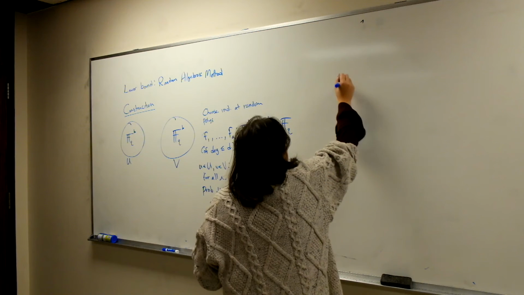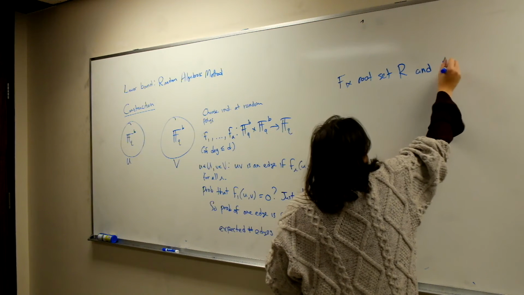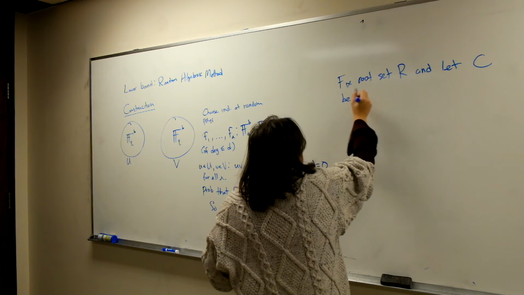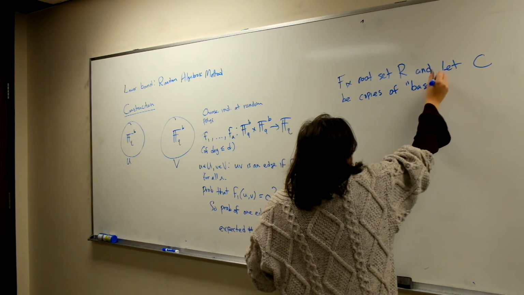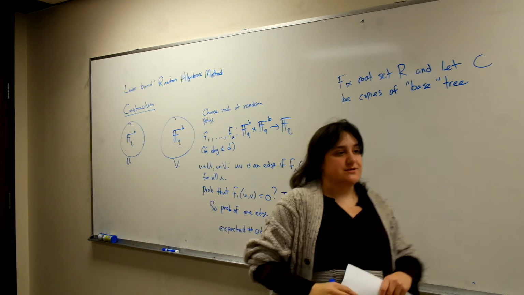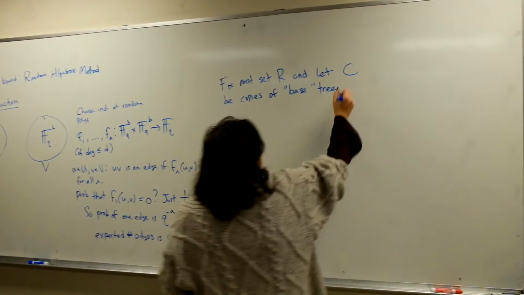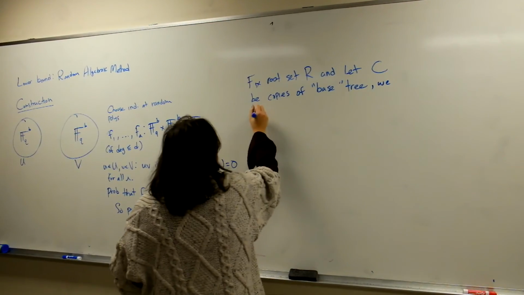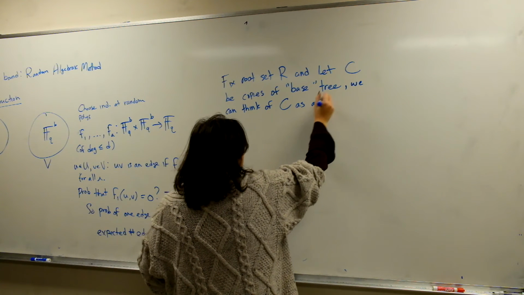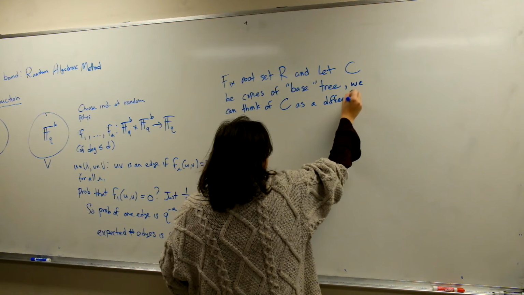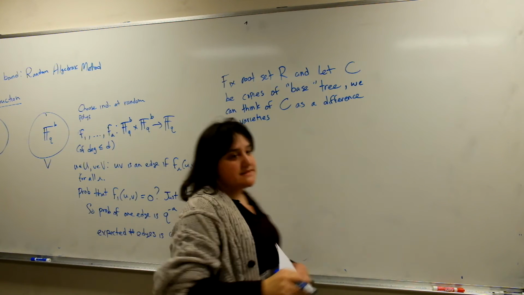So if I fix a root set R and let C be the copies of, I'll call my base tree, the Bukh-Conlon tree of the appropriate density I've chosen to make this work. We can think of C as really a difference of varieties.